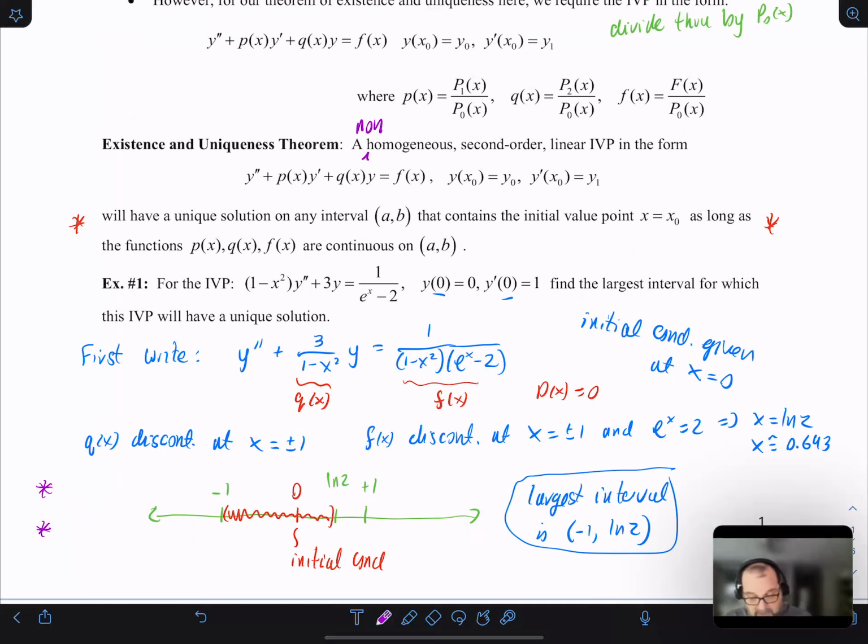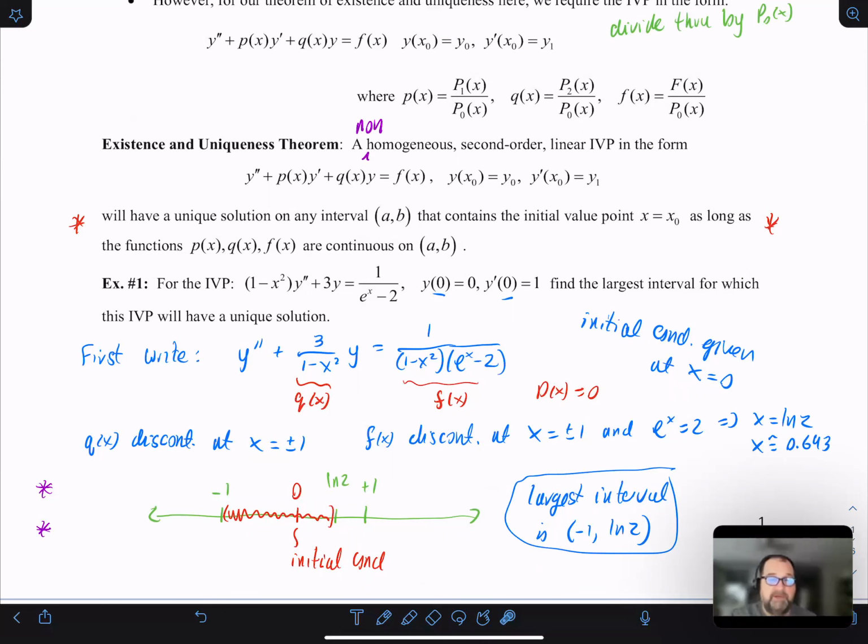A non-homogeneous second order linear initial value problem in this form will have a unique solution on any open interval from a to b. Obviously, the initial value point must be contained inside that interval, but the condition on the interval is that those three functions, P of x, Q of x, and f of x, must be continuous on that interval.